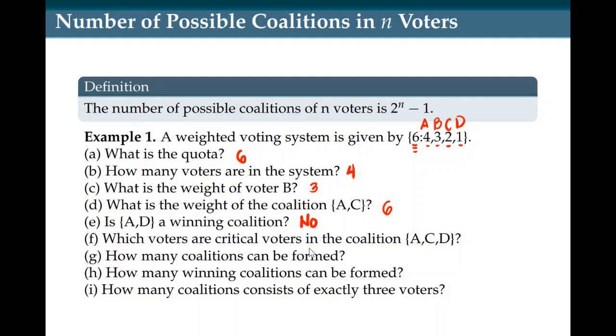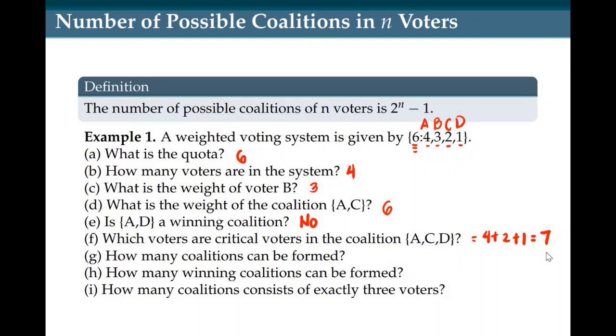Which voters are critical voters in the coalition ACD? If we total the votes of this coalition, this is equal to 4 plus 2 plus 1.